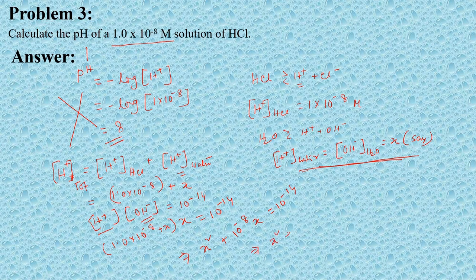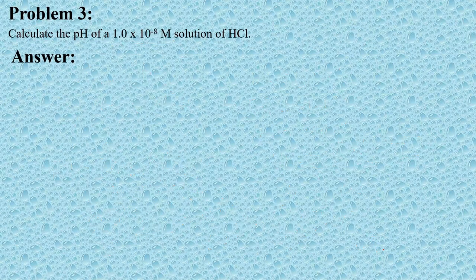So X square plus 10 to the power minus 8 X minus 10 to the power minus 14 is equal to 0. We have to calculate X from this equation. I rewrite the equation here again: X square plus 10 to the power minus 8 X minus 10 to the power minus 14 is equal to 0.